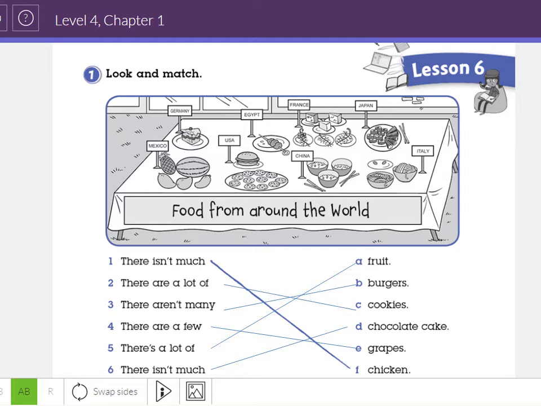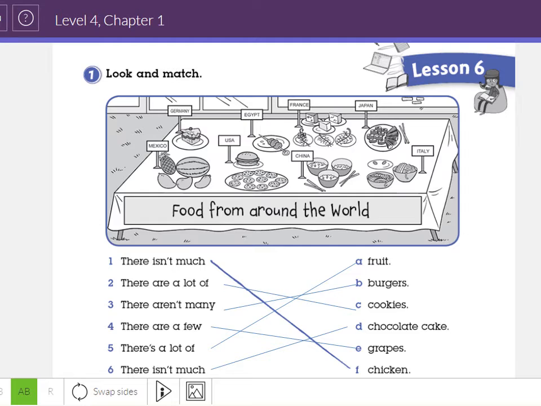Look at the picture. Which one of the pictures shows a lot of things? So we can say there are a lot of cookies. Cookies is a countable noun and plural.